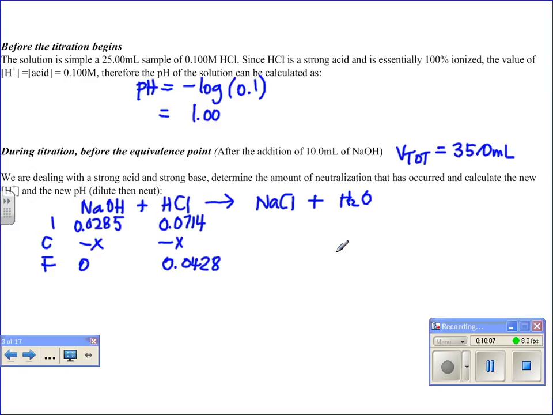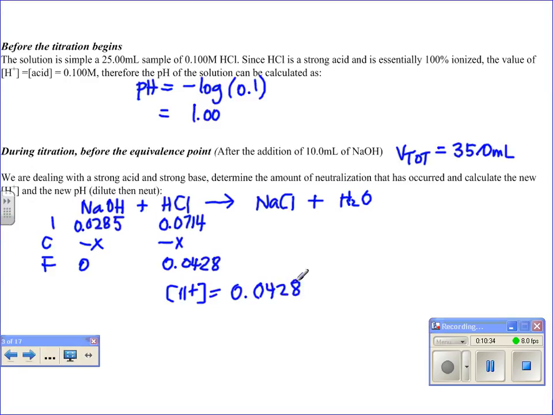Now, what we have left over in the solution at this point is strong acid. This is where the key decision making comes in. You always need to be conscious that you're making a decision that you've got a strong acid. The strong acid will dissociate completely, so that will put into our solution a concentration of H plus of 0.0428.